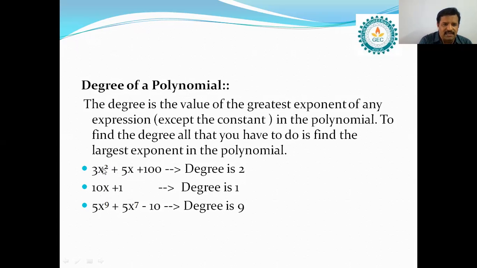The highest degree here is 2, so the degree of this expression is 2. In the second expression, 10x plus 1, the highest power is 1, so the degree is 1. In the third expression, 5x power 9 plus 5x power 7 minus 10, 9 is the highest exponent value, so the degree is 9 here, right? In this way, we can identify the degree of a polynomial.